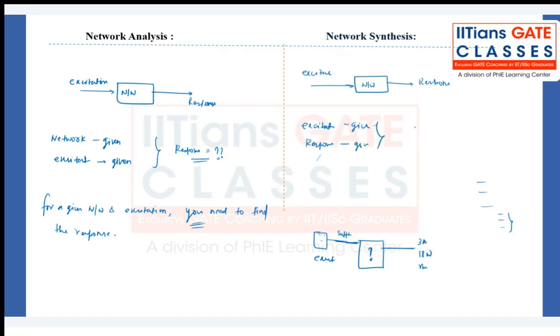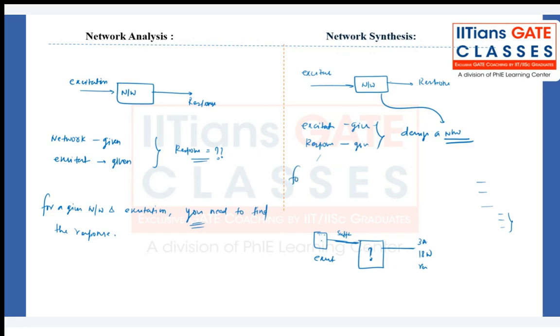What you need to do is design a network, right? So we can say that for a given excitation and response, you have to find the network elements, that is, you need to design a network.